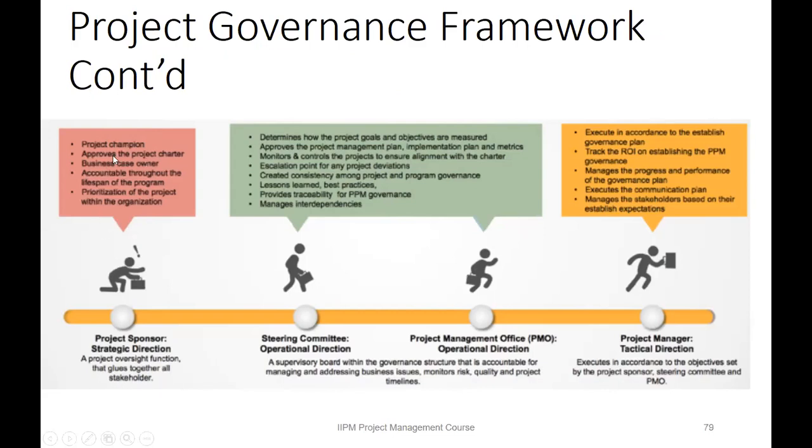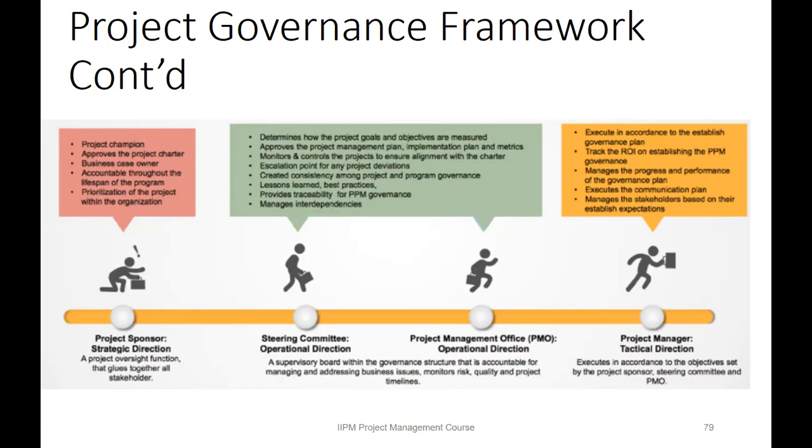He's the project champion, he approves the project charter, he is the business case owner, accountable throughout the project lifespan, and responsible for prioritization of the project within the organization. That will be his area of expertise in this governance framework development.